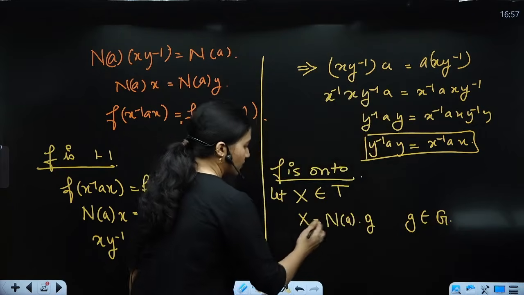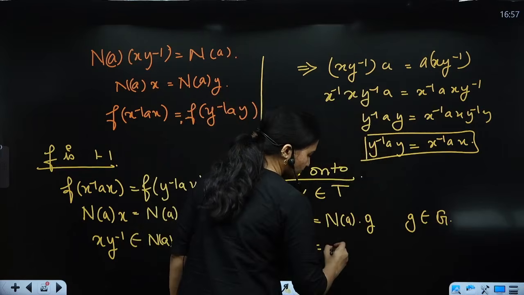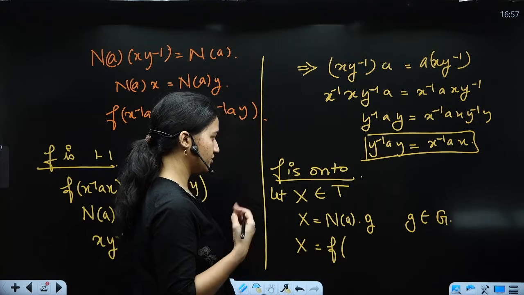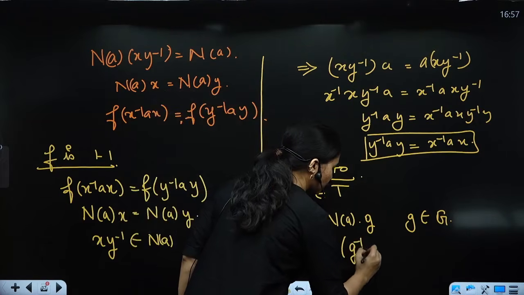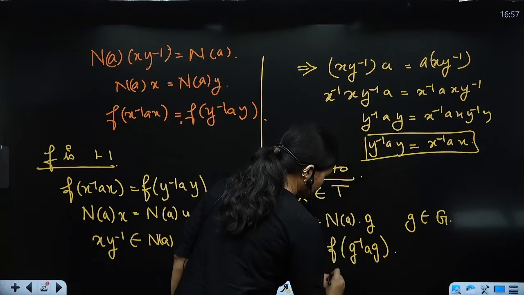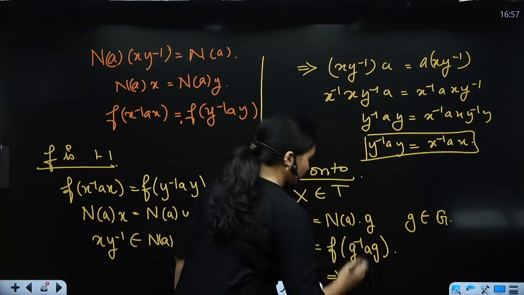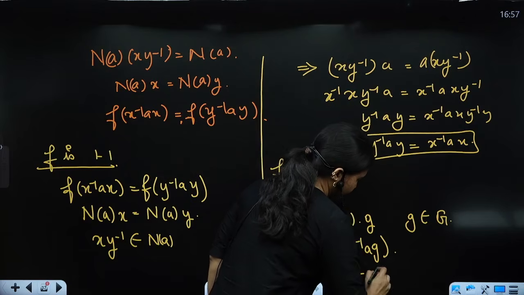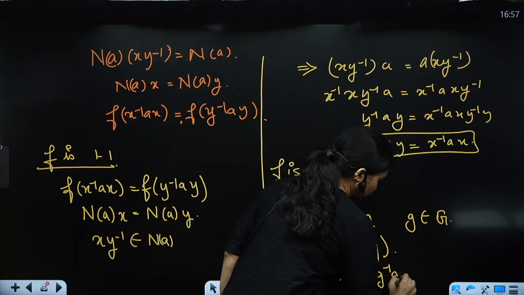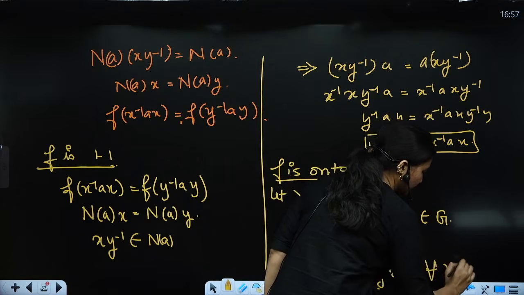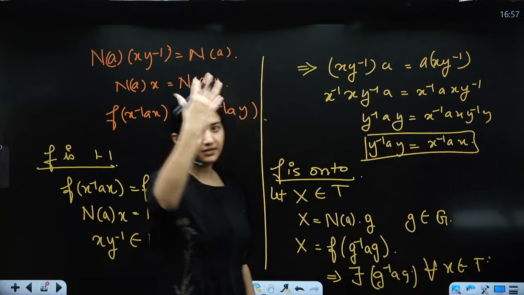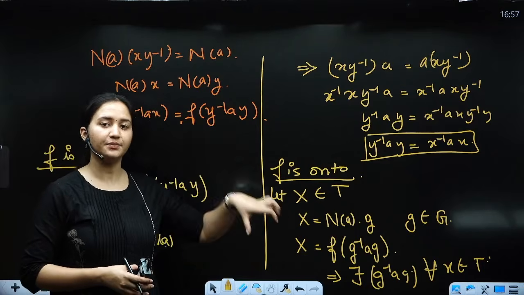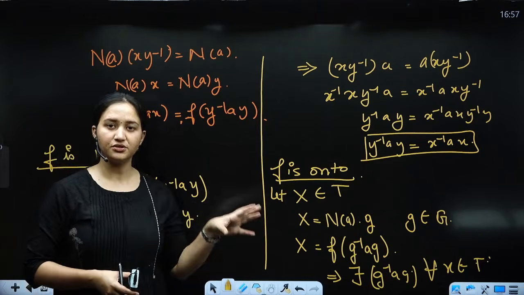So what is going to happen? x is equal to f of Na g, so this gives us g inverse a g, right? So this implies that there exists g inverse a g for all x belonging to the codomain. So hence the range is equal to the codomain. That means every element in the codomain has a preimage, right? So this implies that the function is onto as well.